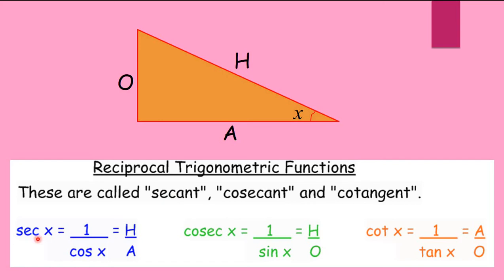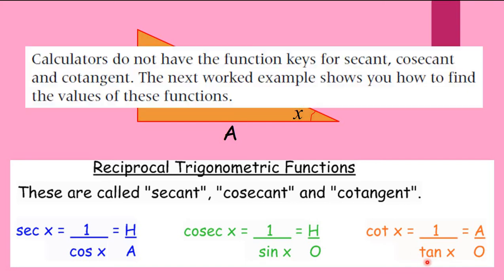So sec is the reciprocal of cos. If you look at the third letter of cosec, that's S, which is the initial for sine. So that reminds you that cosec is the reciprocal of sine. And same for cotangent. The third letter is T, and that reminds you it is the reciprocal function for tan.